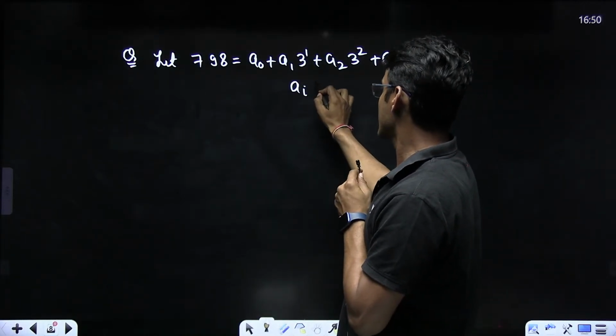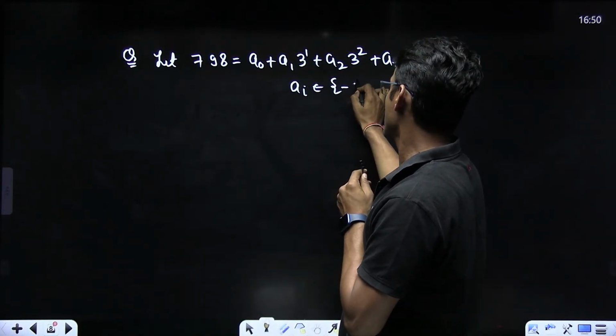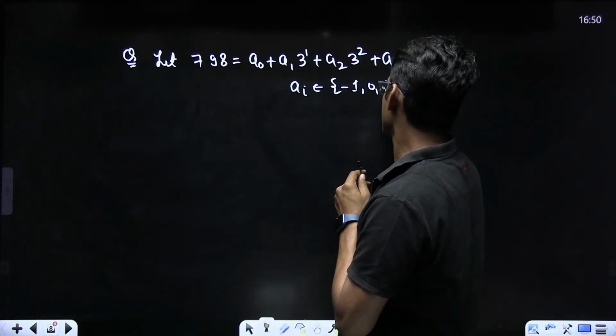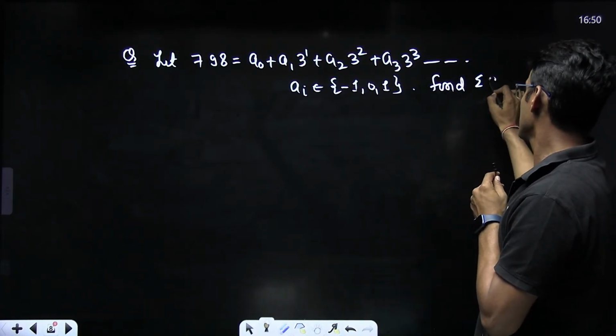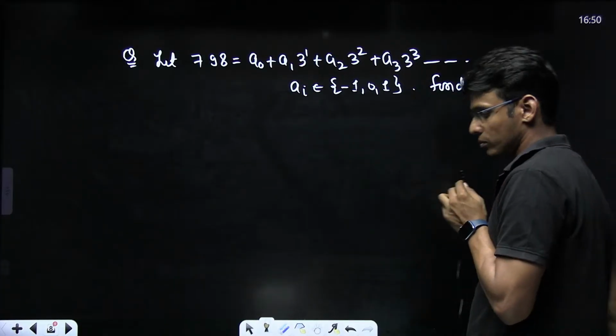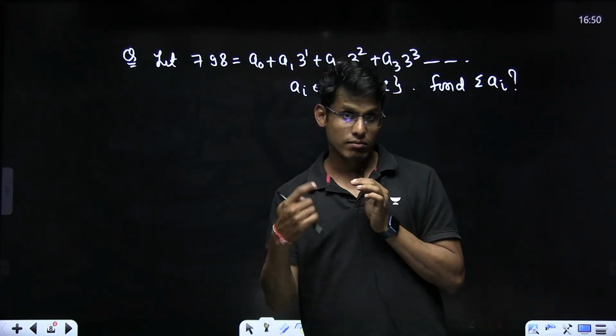Now here is a catch. AI belongs to -1, 0 and 1. Find sigma AI. Now there is a catch here.